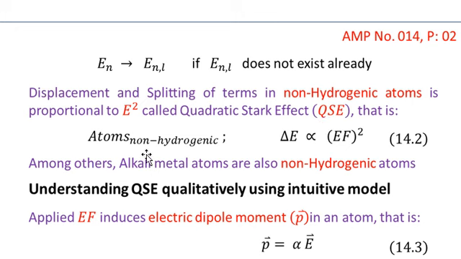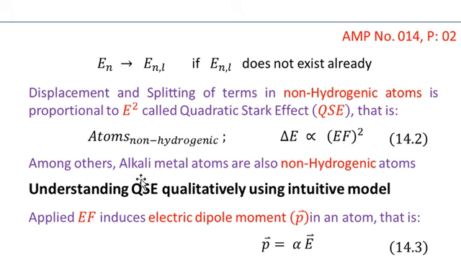Simply, we can write that for atoms which are non-hydrogenic, the splitting between the energy levels, delta E, is proportional to the square of the electric field, as shown in equation number 2.